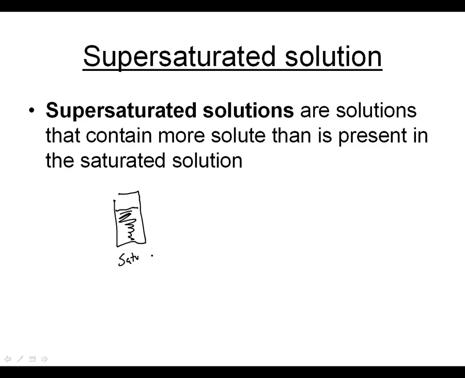And then you could heat it up a little bit. You could put a little bit more solid in and it will start to dissolve. Again, as we heat it, we're increasing the temperature, so we're going to increase the solubility of that solid. So you actually can pile in a little bit more.